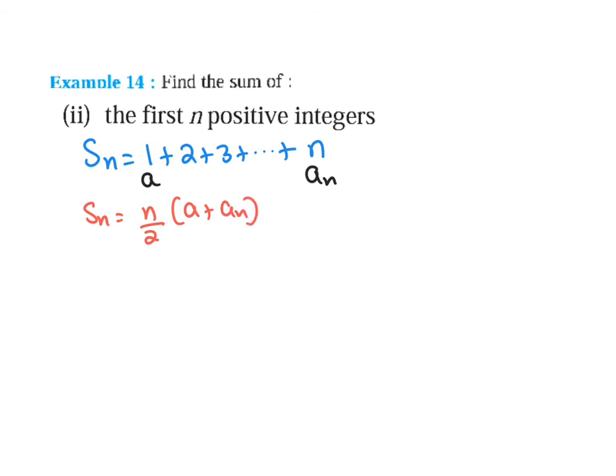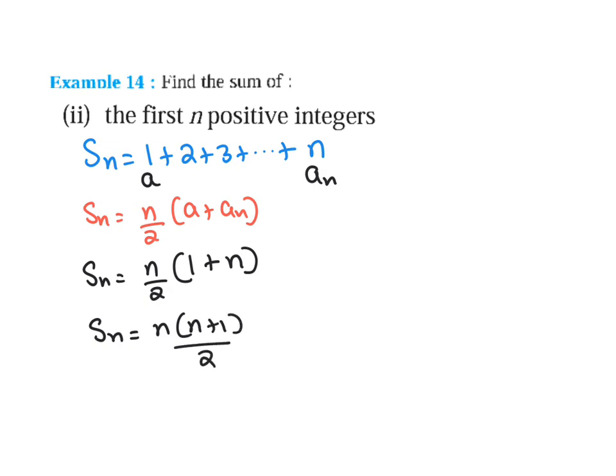So Sn will be equal to n over 2 times a, which is 1, the first term, plus the nth term, which is n. So the sum of the first n positive integers is n times n plus 1 over 2. This is the formula to find the sum of the first n positive integers. We can use this formula to find out the sum of the first n positive integers. Let's see how we can use this formula.